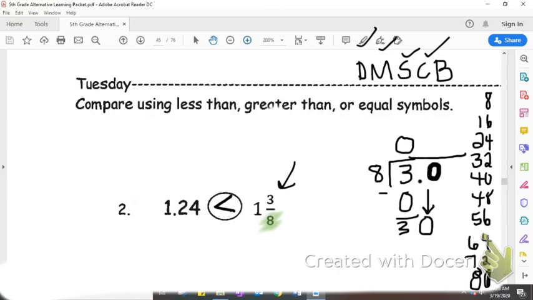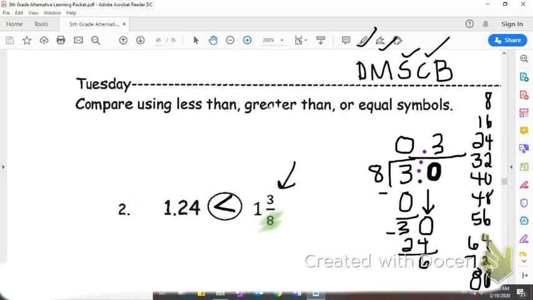And I'm not going to forget my decimal point. Right there. Okay, 30 divided by 8. Well, I don't want to go to 32. That's too big. Let's do 24. So, 30 divided by 8 is 3. 3 times 8 is 24.